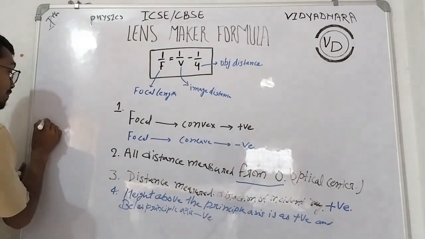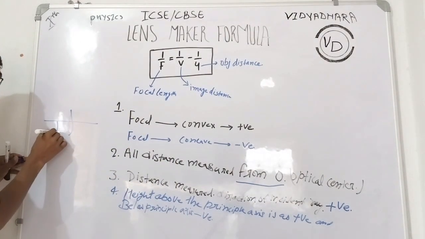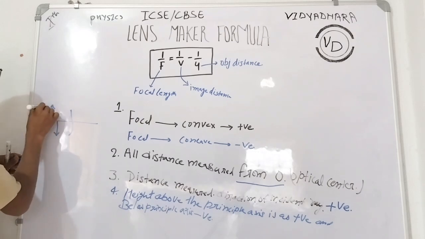That means if we suppose this is the principal axis of this lens, then this direction is taken as negative, this direction is taken as positive.